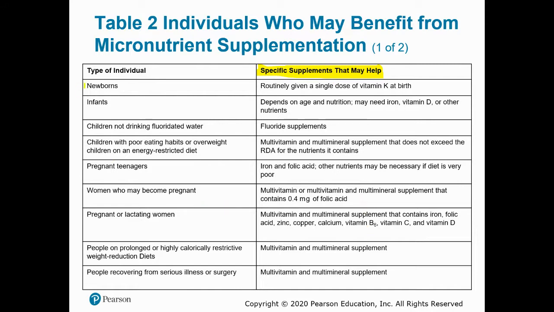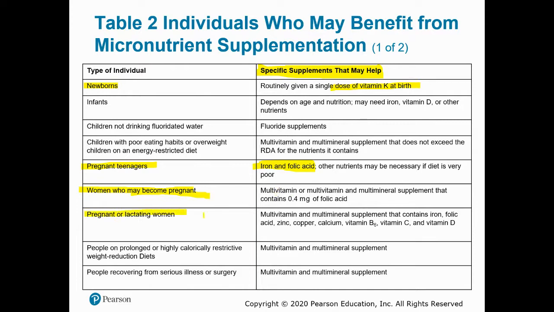So newborns, especially those born via C-section, getting a dose of vitamin K can be helpful and is common practice. What else to point out here? Pregnant teenagers might want to consider supplementing with iron and folic acid. Anyone anticipating or trying to become pregnant might want to take a full prenatal supplement just to be sure.